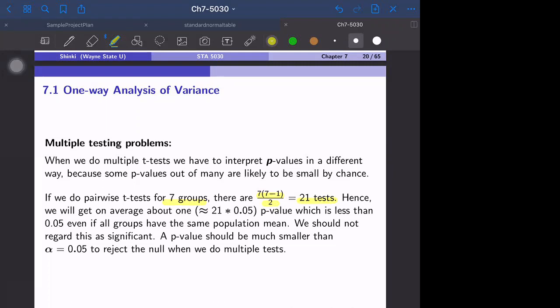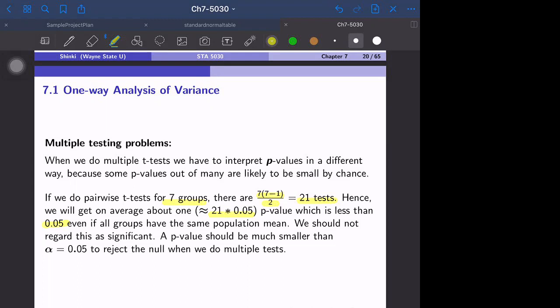So if we have the significance level of 5% for p-values and we have 21 tests, then on average, 21 times 0.05 is 1.05. So one of them will, by chance, reject H0. That is our expectation, and that is problematic.